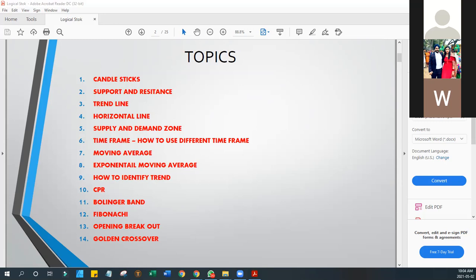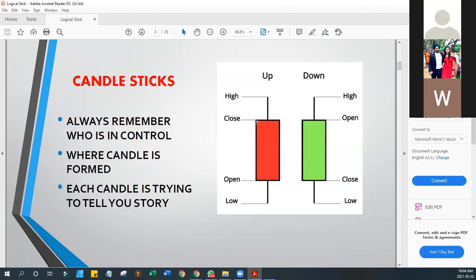Okay. So now, there are two kinds of candlestick which we're going to see. One is bearish, the second one is bullish. The only difference between those two is how they open and how they close. That's the only difference between those two candles.